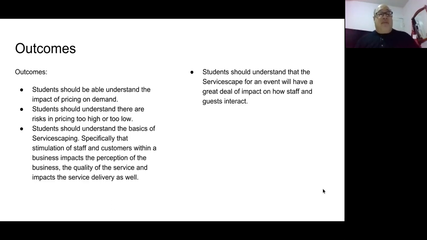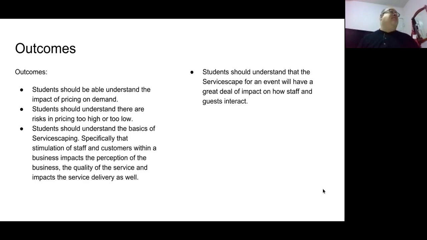The quality of the service impacts the service delivery as well. Rather, I should say the perception of the Servicescape will impact the quality of the service, and it impacts the delivery, because all of that stimulation impacts ultimately how staff and guests are able to interact and work with each other.